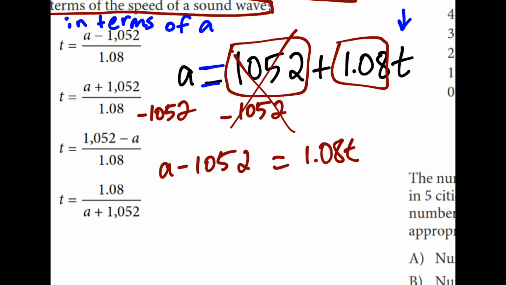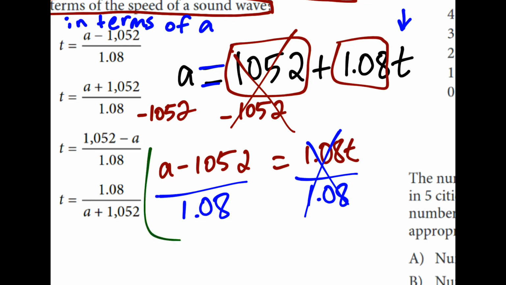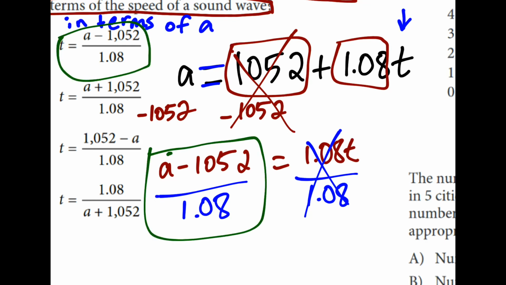Now, your calculator isn't going to help you with a minus 1052, but don't worry, we're just going to leave it like that. And we see this decimal in front of t, and is it hard to divide by 1.08? Well, it could be, but notice this whole answer just shows up here in a.